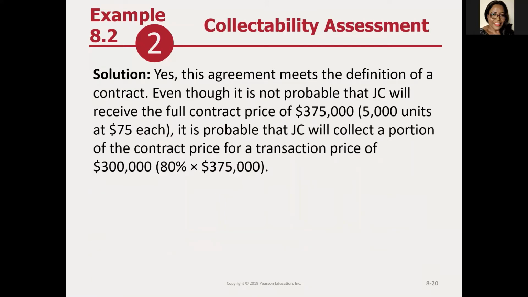This agreement meets the definition of a contract. Even though it is not probable that JC will receive the full contract price of $375,000, it is probable that JC will collect a portion of the contract price for a transaction price of $300,000, which is 80% of the $375,000.